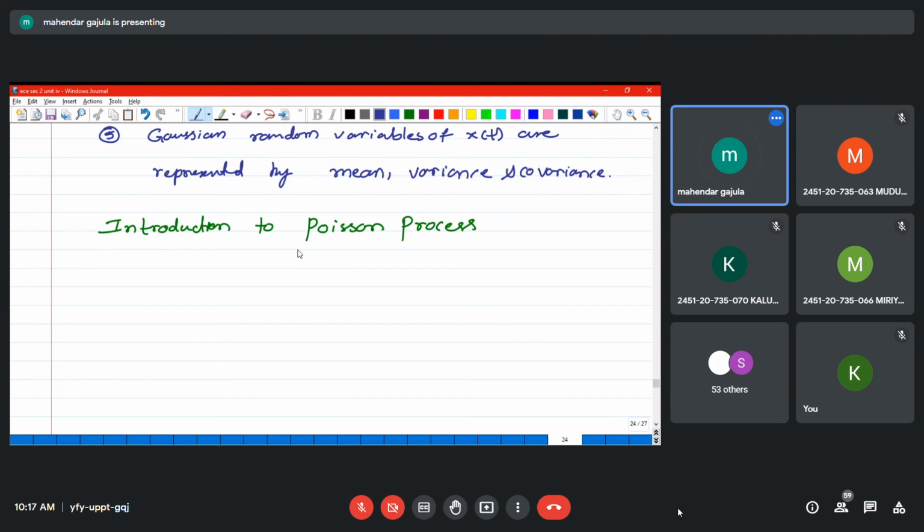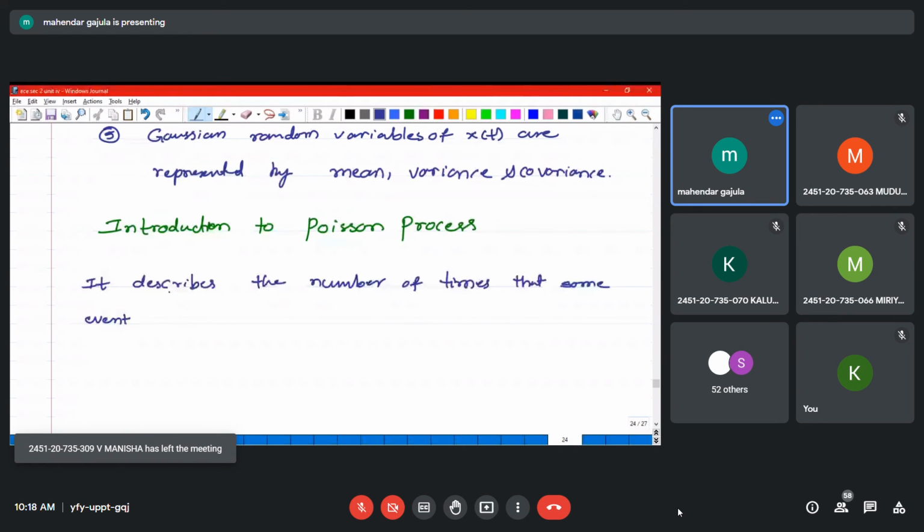Poisson process. It describes the number of times that some event has occurred.